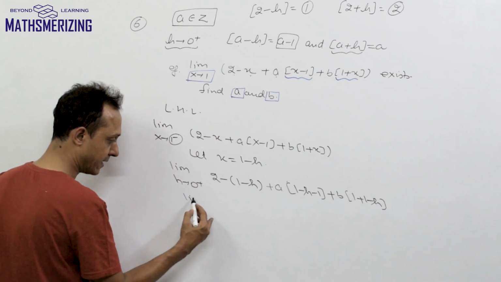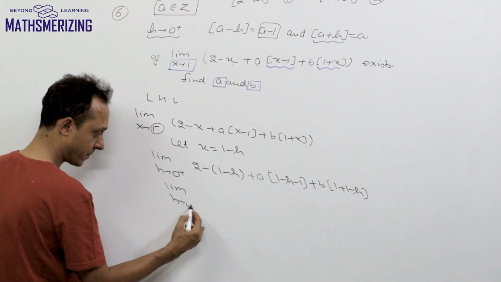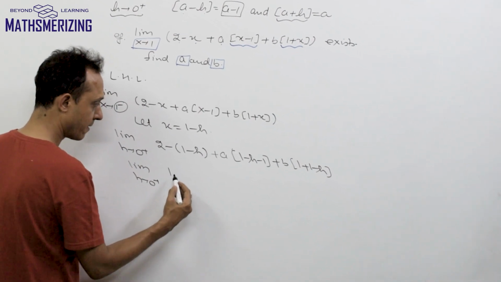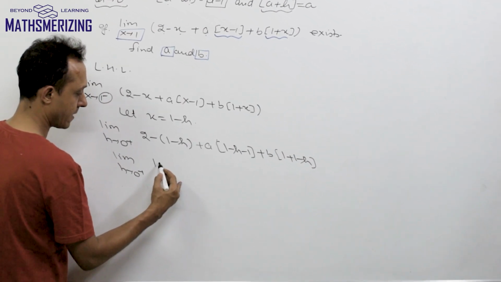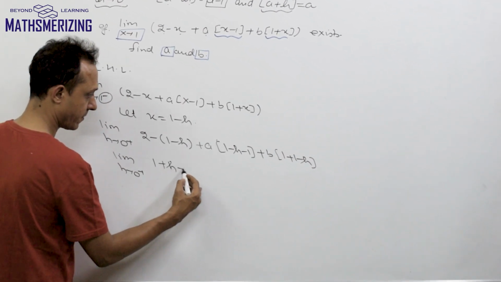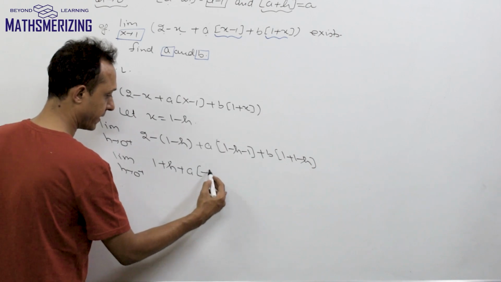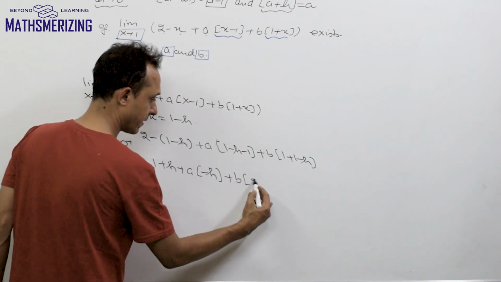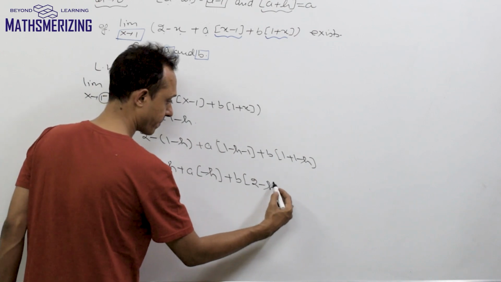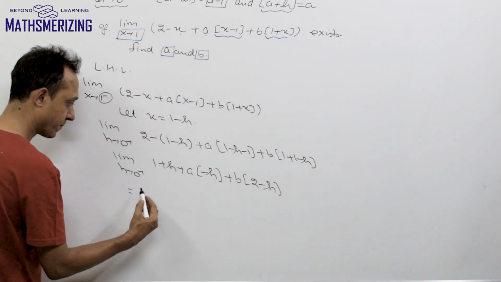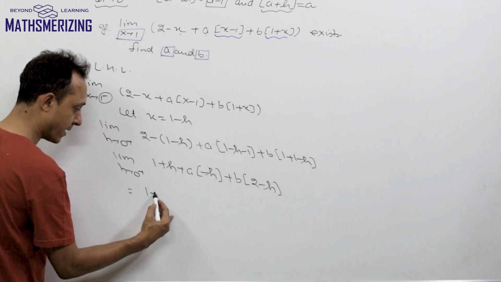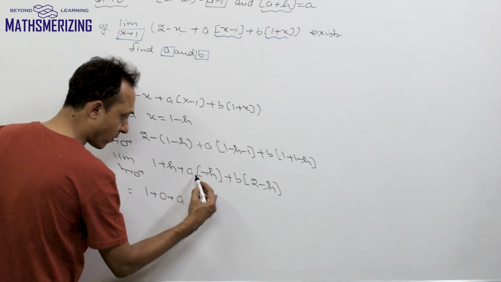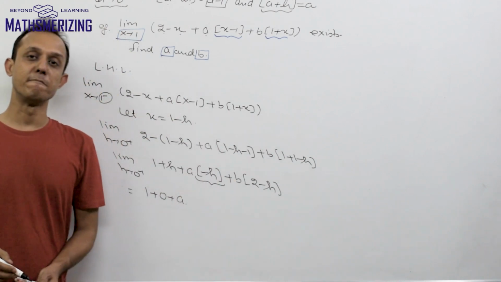So I can write it as limit h tends to 0 positive of 1 plus h, and then a greatest integer function of minus h plus b greatest integer function of 2 minus h. So now this is 1 plus, now h is nearly 0, so this is 0, a into, now what about the greatest integer function of minus h?